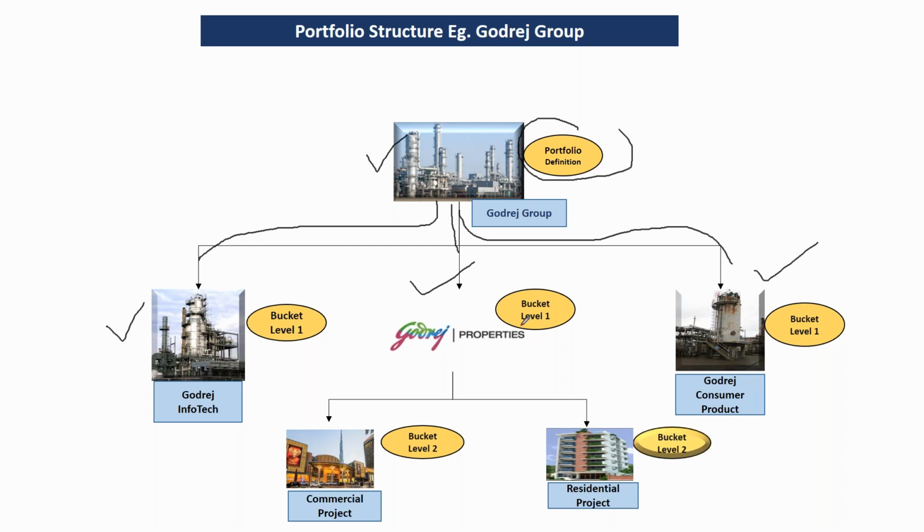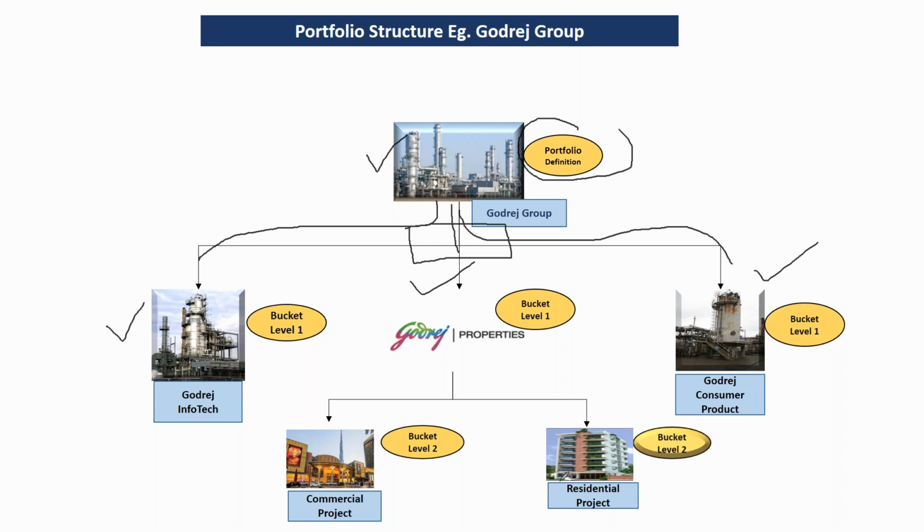To summarize all the financial data, we can have one common bucket, say Godrej Group, created as a portfolio bucket. That will be level 1, and further we can create Godrej Infotech, Godrej Properties, and Godrej Consumer Products as second level buckets. Further, Godrej Properties can be subdivided into commercial project and residential project.